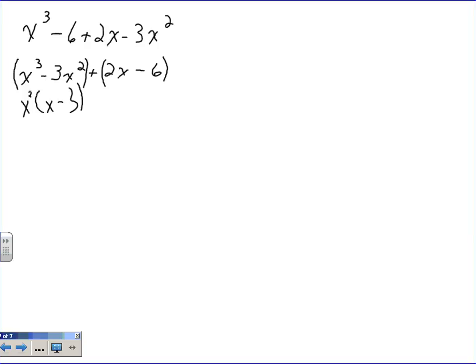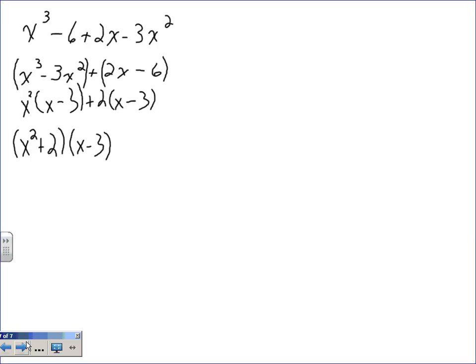Put the sign plus, add in the 2, we factor out as x minus 3. All right, notice how those two parentheses now are the same. Very good, Luke. Thanks.